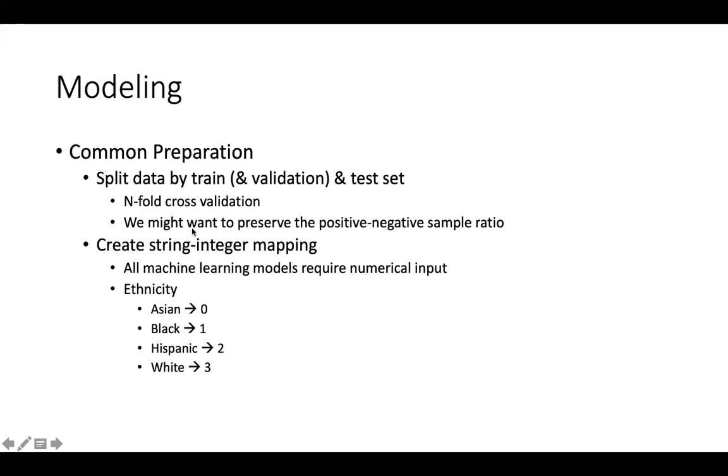One thing that we might want to consider is preserving the positive-negative sample ratio. Usually in healthcare predictive tasks, the class is severely imbalanced, because naturally there are way more healthy people than there are sick people. So being sick is a kind of rare event.